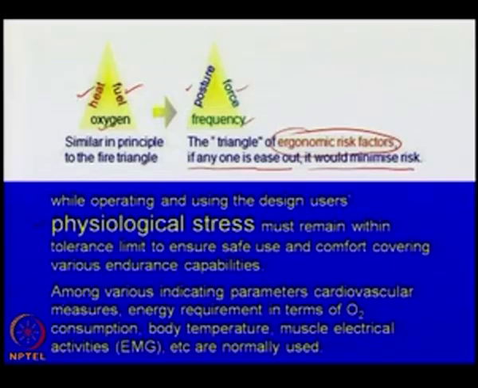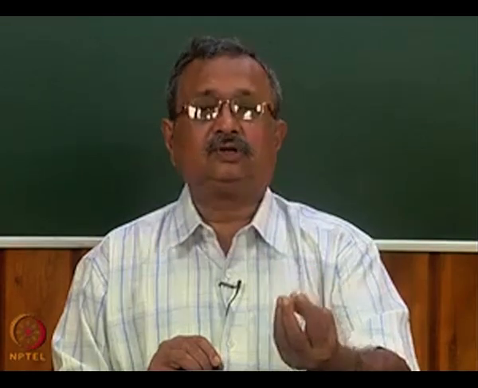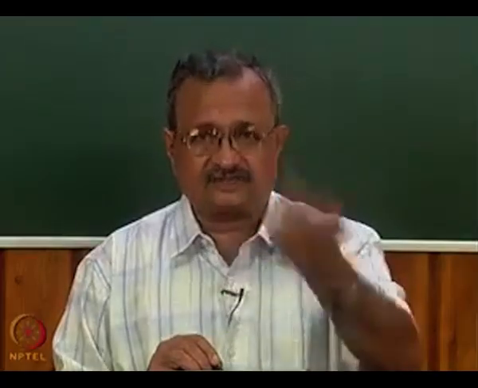Now, what are the parameters? Among various indicating parameters, cardiovascular measures, energy requirement in terms of oxygen consumption, that is the difference of oxygen in inhaled air and exhaled air.